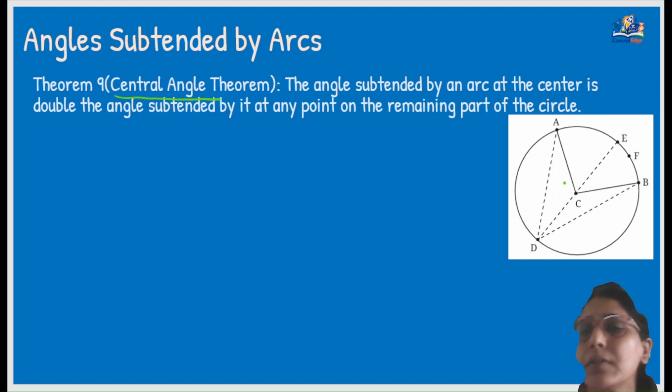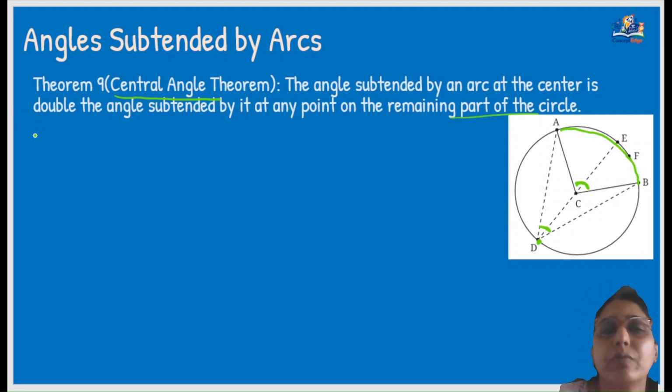They are saying that the angle subtended by the arc at the center, so this is the arc AB given, and the angle subtended by the arc at the center is angle C here, is double the angle subtended by it at any point on the remaining part of the circle. So a point D is there in the remaining part of the circle, and this angle ADB is the angle subtended by the arc.